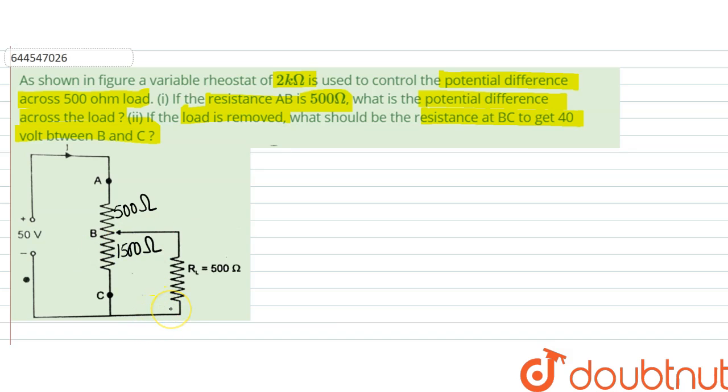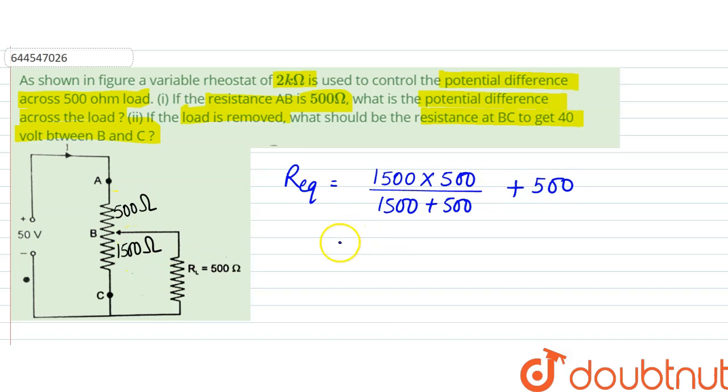The equivalent resistance would be equal to, since this 1500 and 500 are in parallel, 1500 into 500 by 1500 plus 500. This is the parallel combination plus 500 in series. So that turns out to be 1500 into 500 by 2000 plus 500.